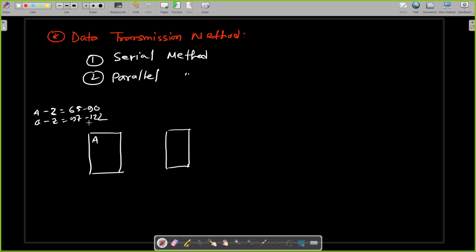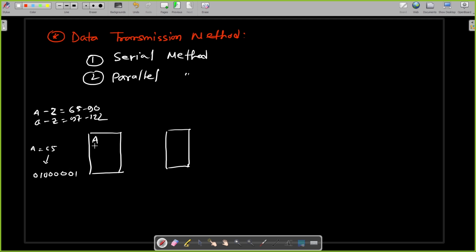So this is actually the roll number or unique code for each character. This A is in uppercase, which means A indicates 65 in decimal. If you convert this 65 to the binary number system, you will get 0 1 0 0 0 0 0 1. So this is 8-bit binary.